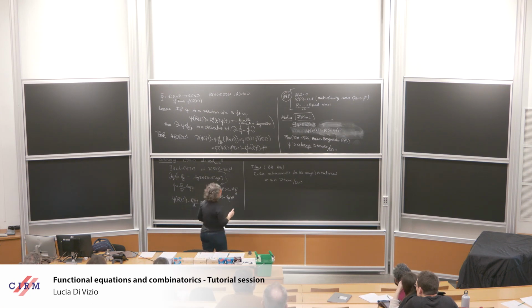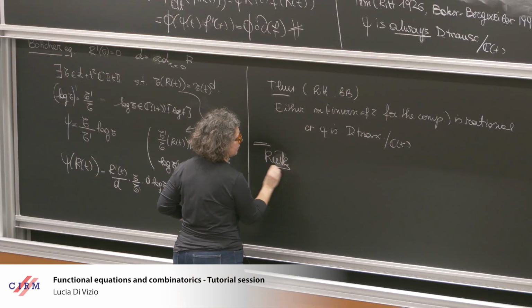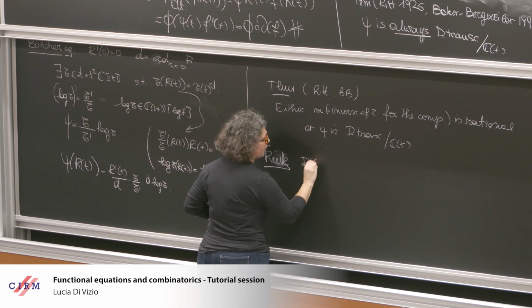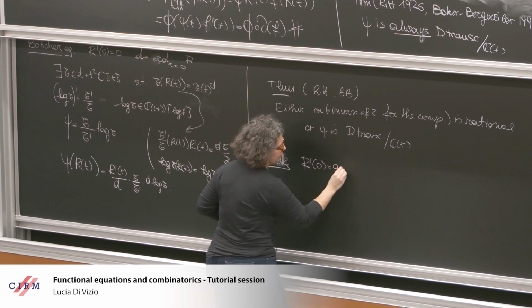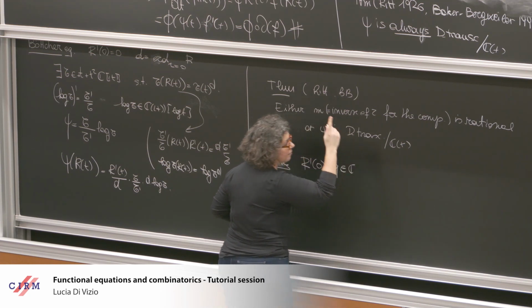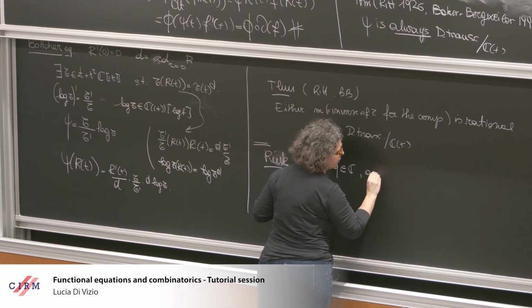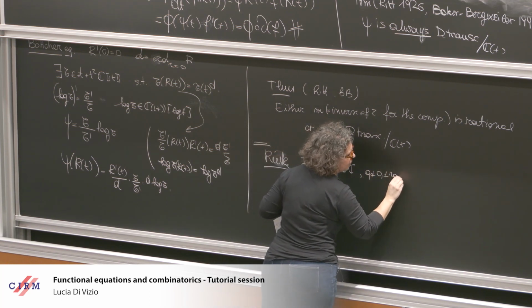There's a third case, which was the original one considered by Koenigs, which we didn't consider. It's the case where, remark, r prime of 0 is equal to q, which is a complex number, and we are not in the situation above. So q is different from 0 and from roots of 1.